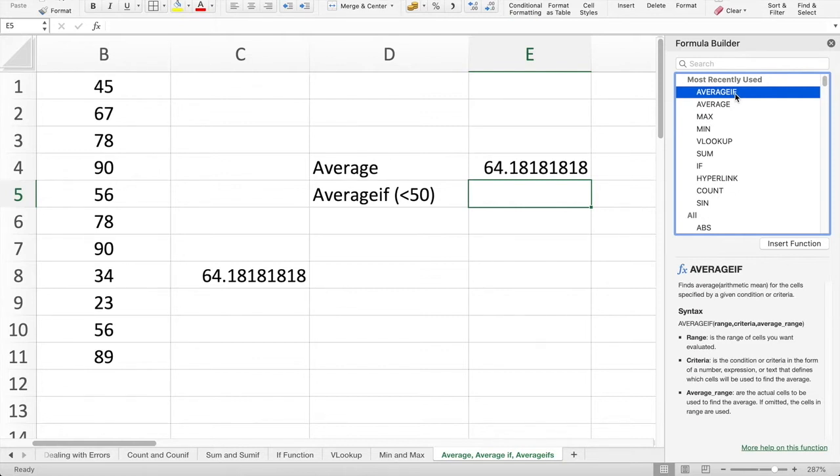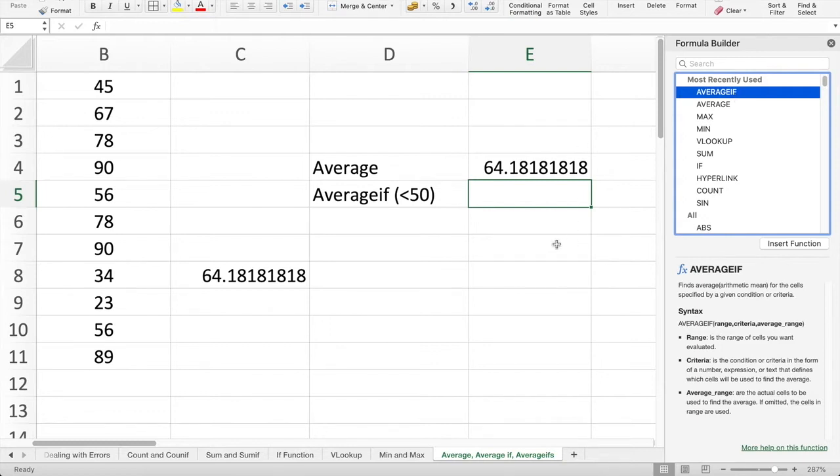Meaning, AVERAGEIF is a combination of the AVERAGE and IF functions. I hope you get it. We have already tackled the IF function before. If you don't know it, you can browse our playlist regarding MS Excel tutorials and watch the IF function first. Again, AVERAGEIF is a merge of the AVERAGE and IF functions. It is just an average with another condition.